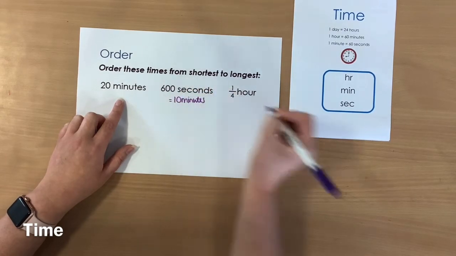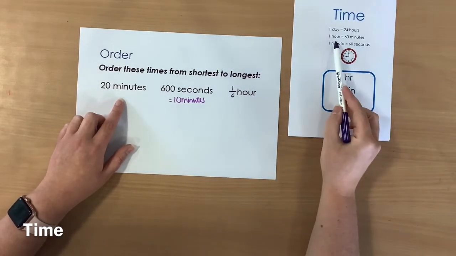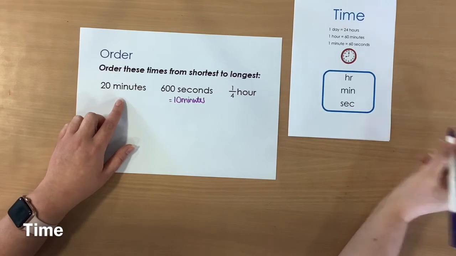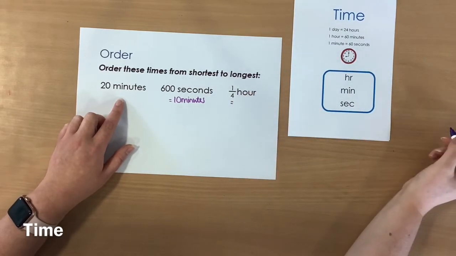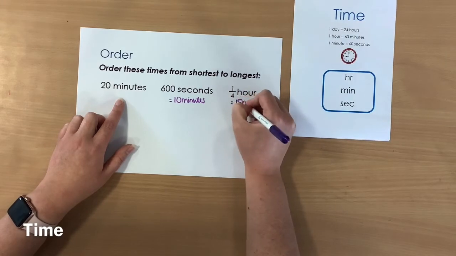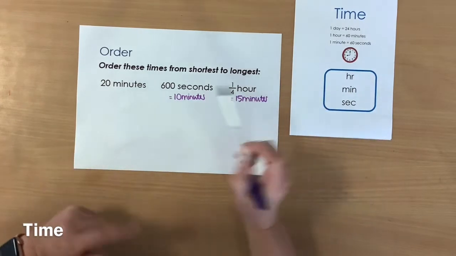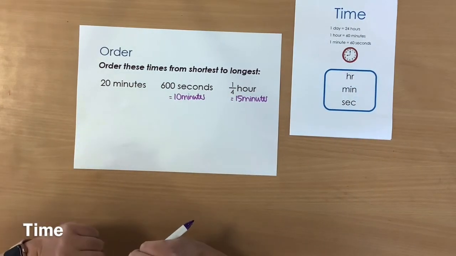I'm just going to note that there. And then finally, a quarter of an hour. In an hour, I know that there's 60 minutes, so I need to work out a quarter of 60, which is 15 minutes. Now that they're all in the same unit of minutes, I can order them from shortest to longest.